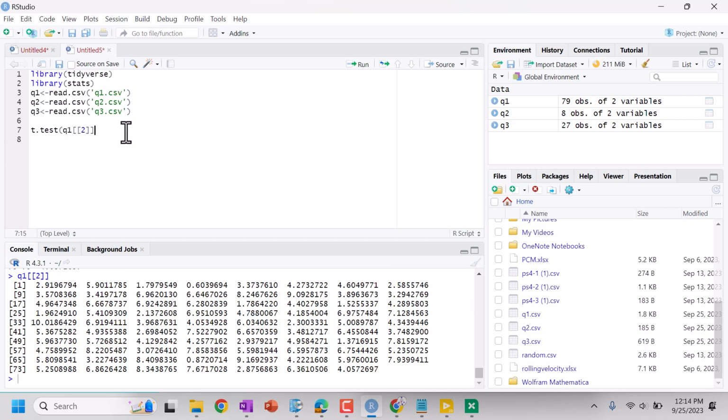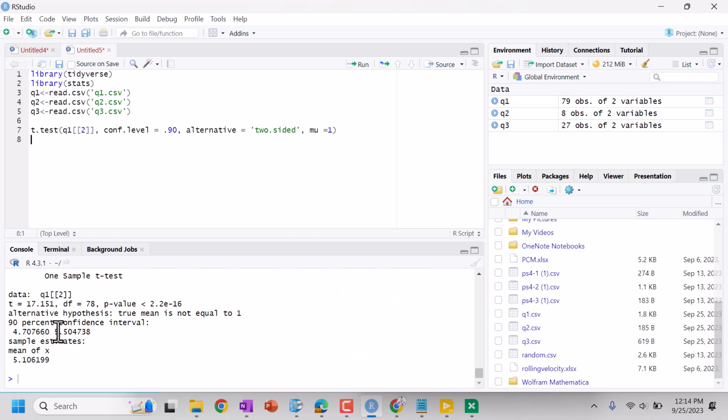Let's set our confidence level to 0.90, alternative two.sided, and let's set our mu equal to 1. We can control enter that, and this would be our 90% confidence interval.